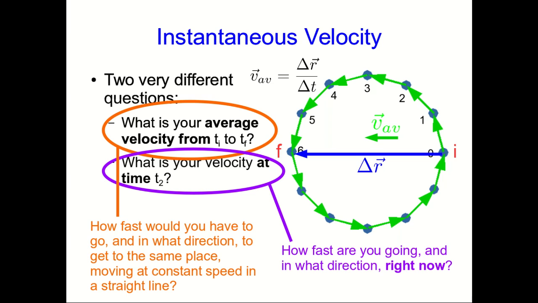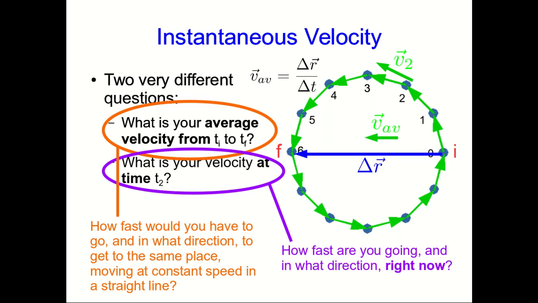Now you know your speed, you believe you're going at constant speed, and so you can just say you're going at that speed in whichever direction you're headed at time t2, and you can now represent that as a vector, v2.